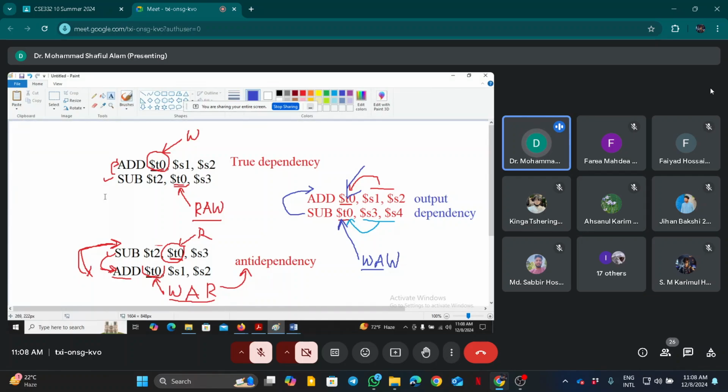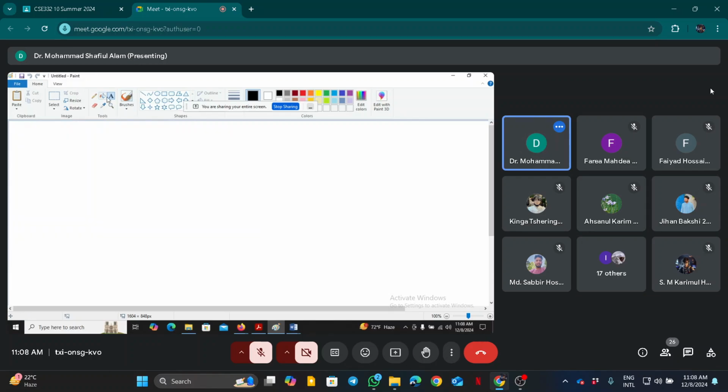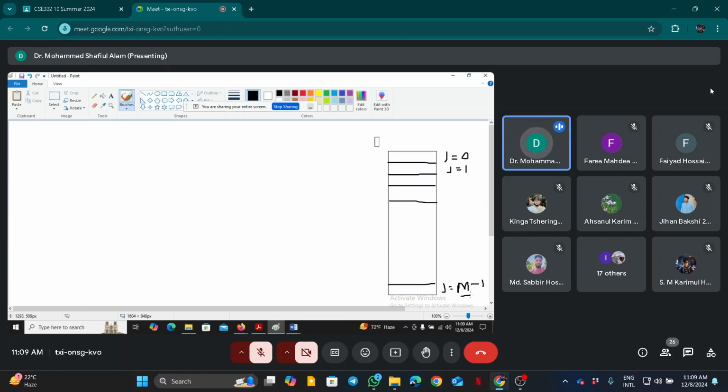So in case of cache mapping, especially in associative mapping and set associative mapping, let's say in case of fully associative mapping, this is the RAM, and we have blocks numbered 0, 1, and it goes on, and finally we have a block j equal to m minus 1, assuming there are m number of blocks.